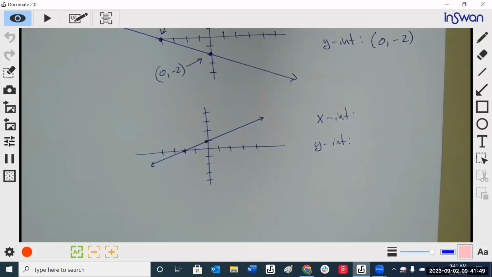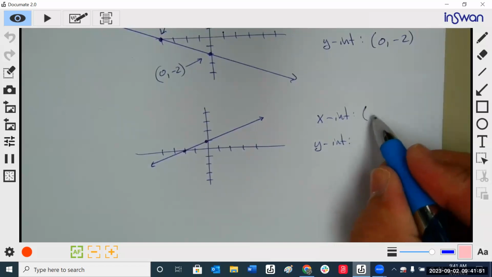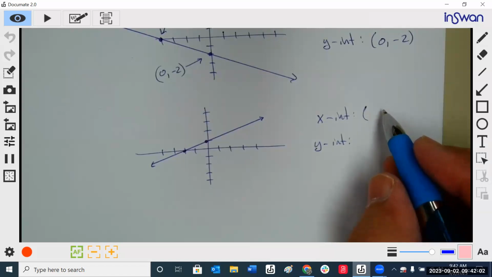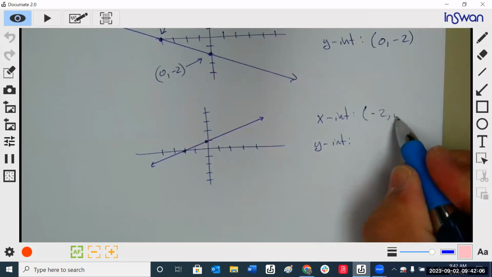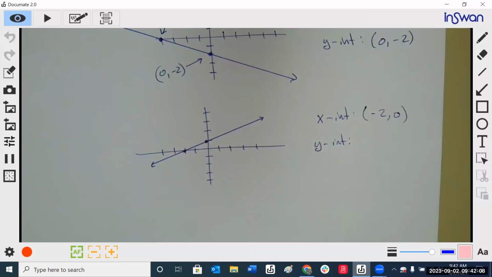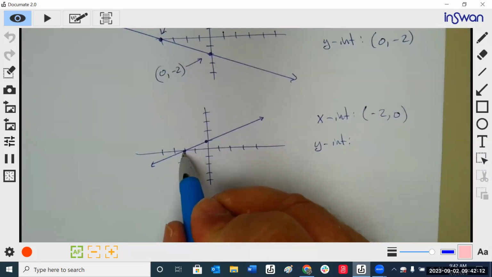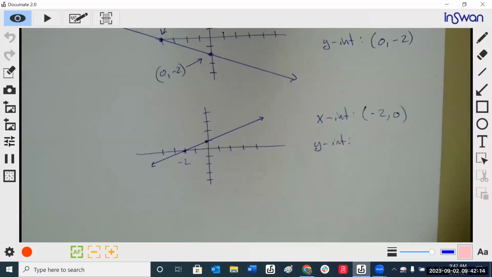What's the x-intercept? You're not done yet. -2 what? It's a location, right? Yeah, you're right. It crosses here at -2, but it's a location. The x-intercept happens at -2, 0.